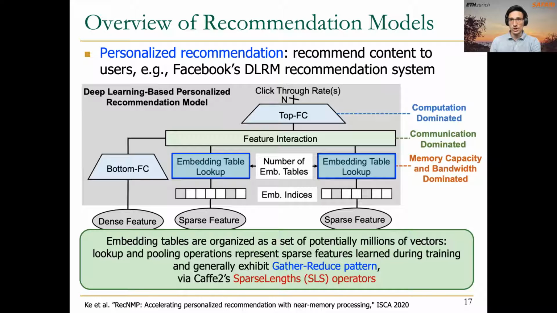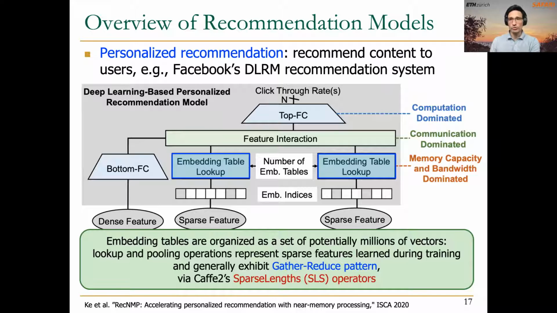In general, the operation that we see here is a gather-reduce pattern. So we need to gather the features from the memory, from the embedding tables, and then perform a reduction operation. This reduction operation usually is performed as element-wise additions, as we will see.